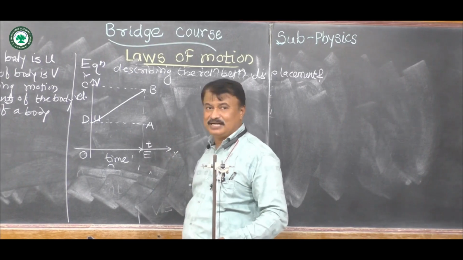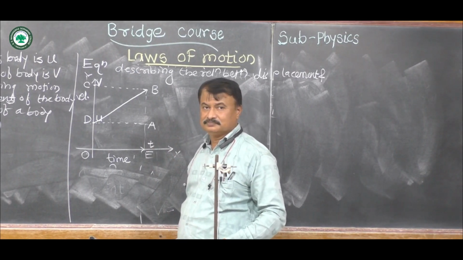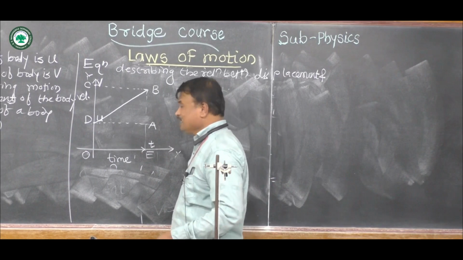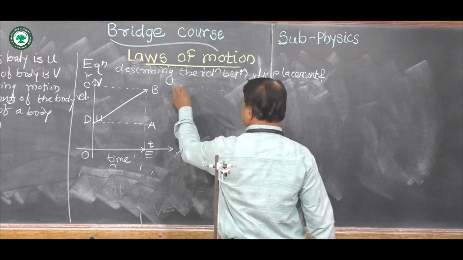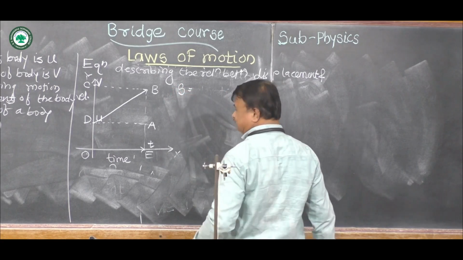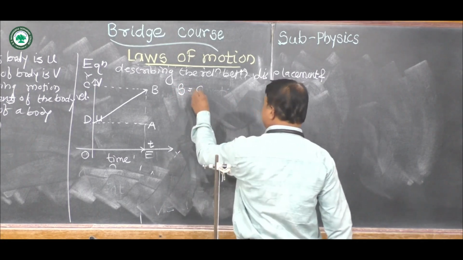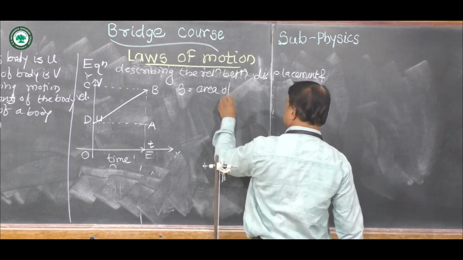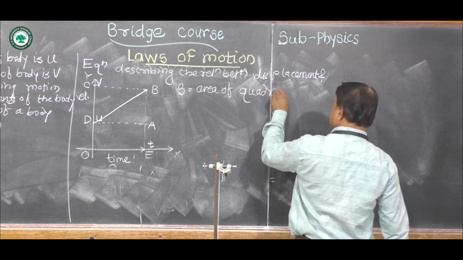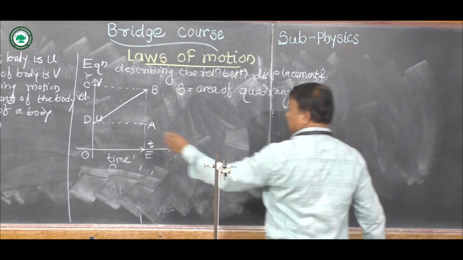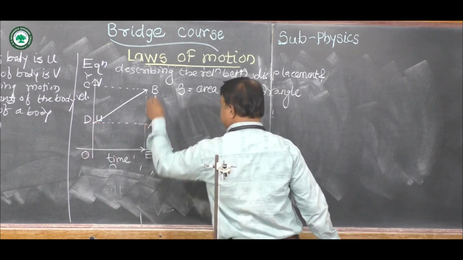Again we consider the same graph. In this case we consider this quadrangle. Displacement of the object is equal to the area of quadrangle DOEB.